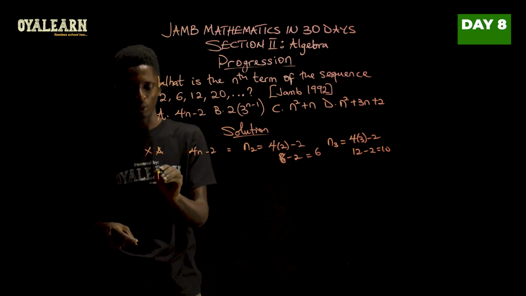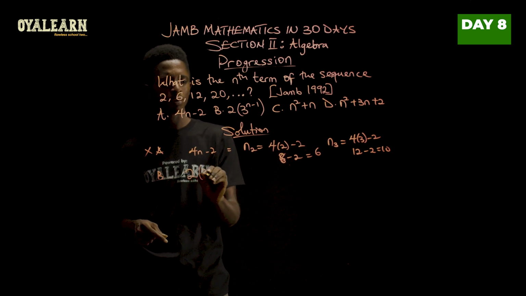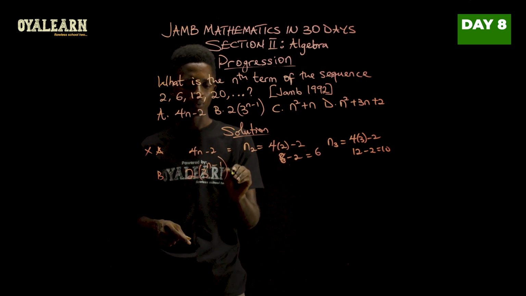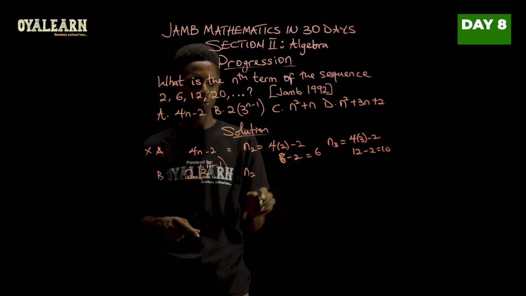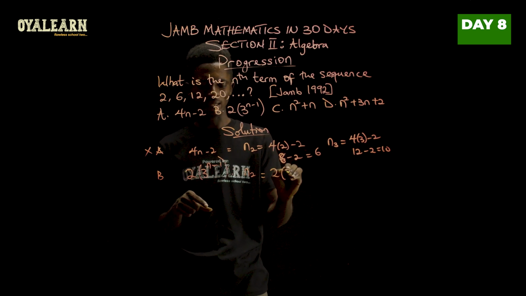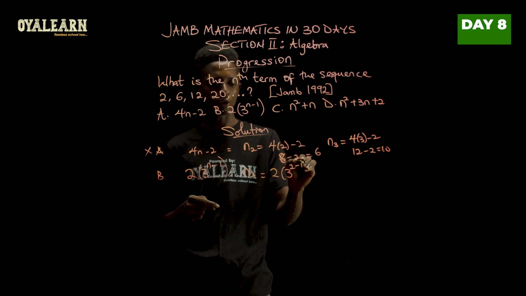Now we try option B. For option B, we have 2 into 3 to the power of n minus 1. Trying with n equals 2, we'll have 2 into bracket 3 raised to the power 2 minus 1.